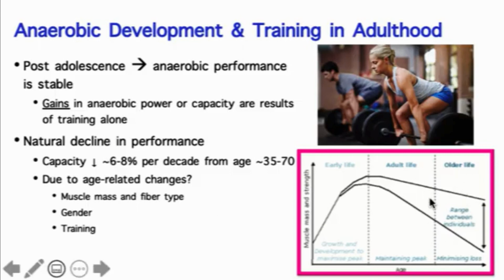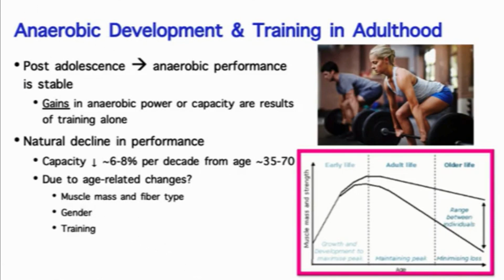Because in older adulthood, we're not usually doing a whole lot of power type movements, but rather it's standing or postural control and sitting. And usually those are more endurance-based muscle fiber types, which are type 1. So that could be an age-related change, that if we're not utilizing those type 2 fibers, they're going to atrophy, go away, or they just reduce in size. Right? And then we're not able to utilize those muscle fibers to produce anaerobic power.